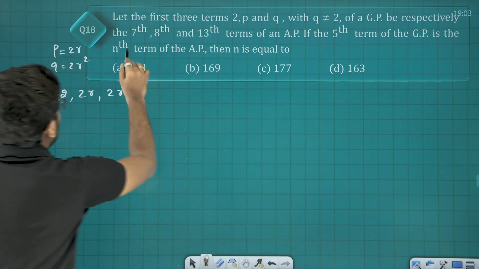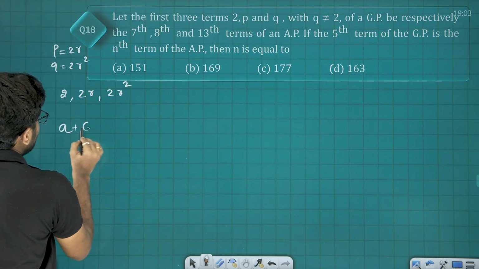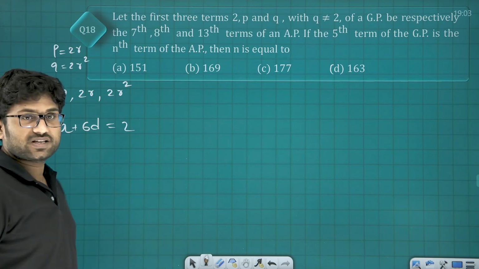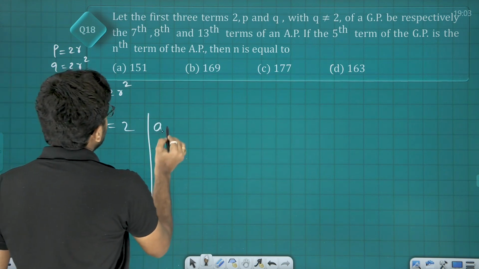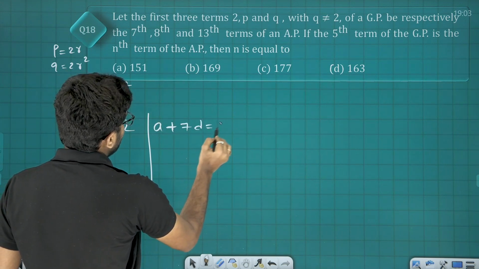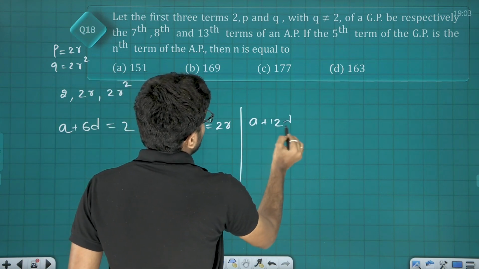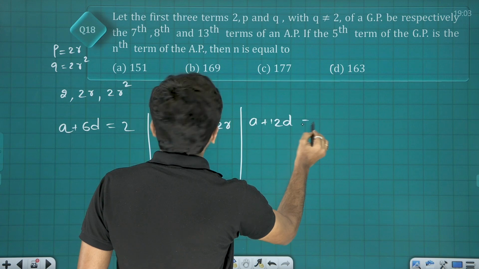So what is the 7th term of an AP, friends? The 7th term of an AP is a plus 6d, equals 2. The 8th term, a plus 7d, equals 2r, and a plus 12d equals 2r square.